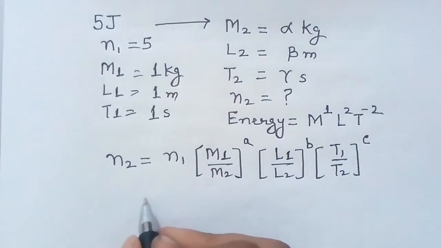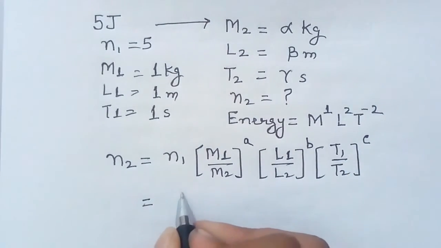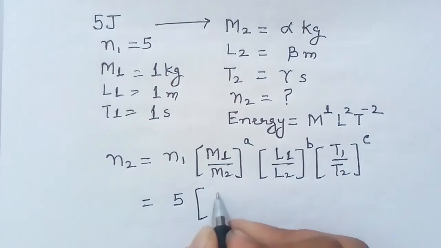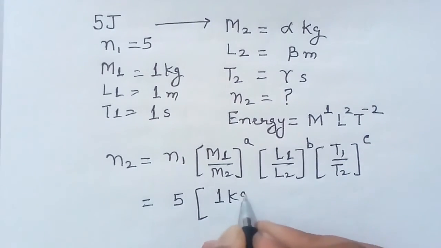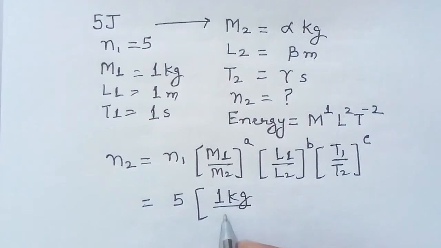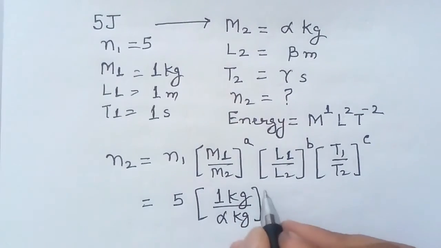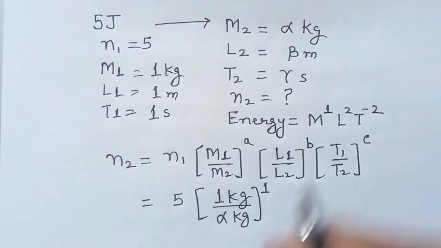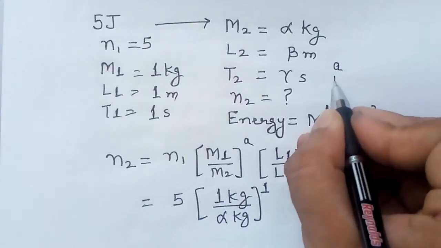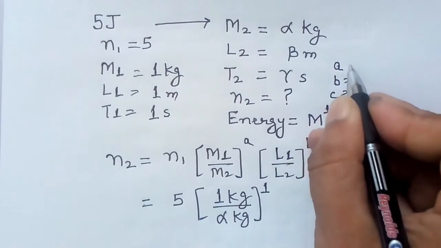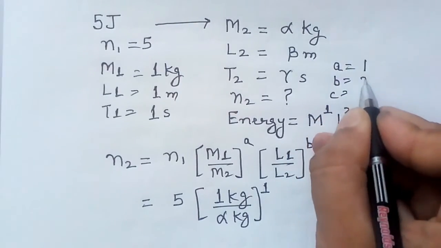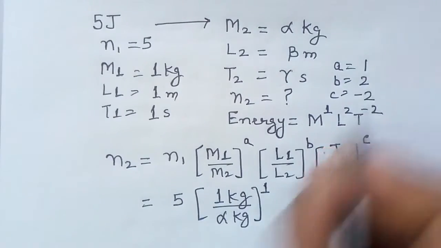So just after substituting the values, we get N1 is 5, M1 is 1 kg and M2 is alpha kg. Both are given in kg, and here we can mention A, B and C: A is 1, B is 2 and C is minus 2.